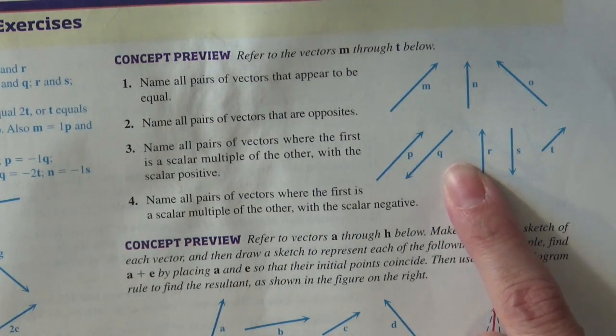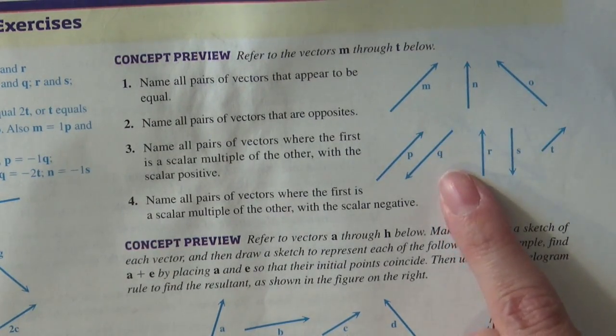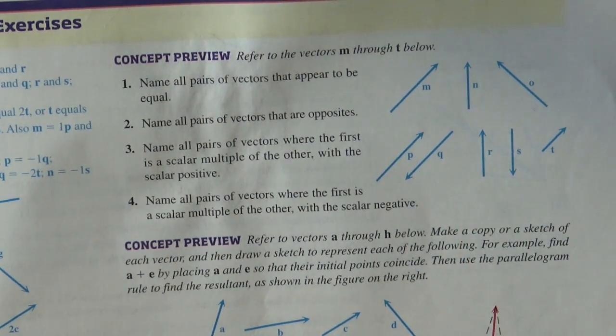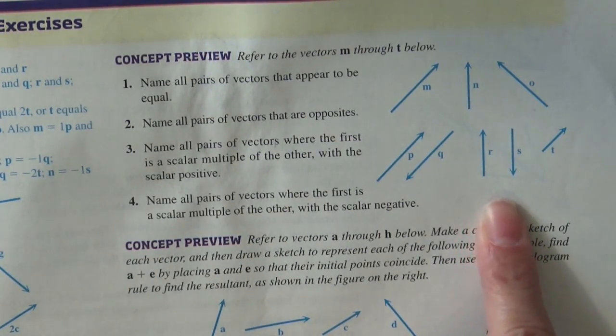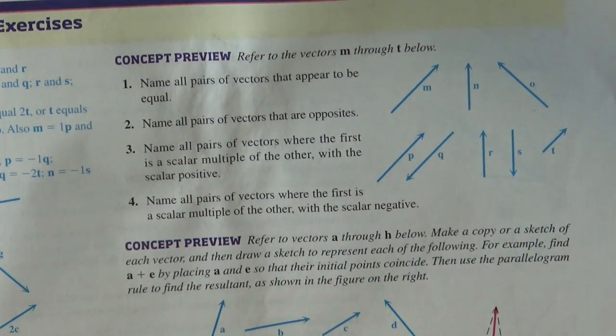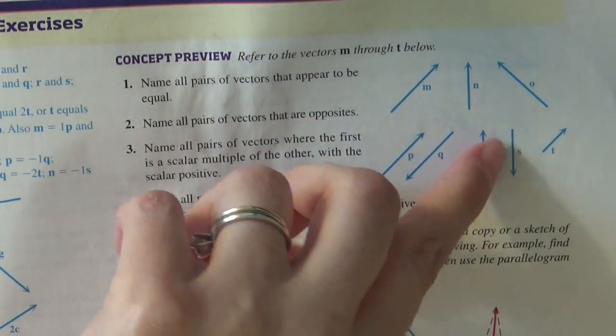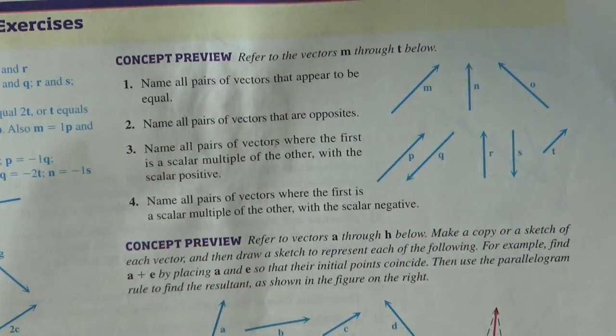So we would say that M is equal to -1 times Q, so that would be a scalar multiple with our scalar negative. Same thing with R and S. There, the scalar would be -1. All it's doing is changing the direction of the vector. Are there any others? Yeah, vector N and vector S, they're the same, but the directions are different. So that would be a scalar multiple with a negative scalar.